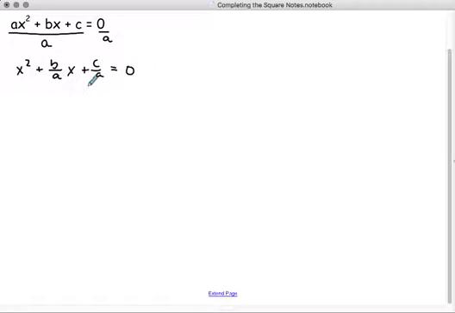Now I want to figure out what this linear coefficient is when divided by 2. If I divide b over a by 2, or multiply it by a half, I just get b over 2a.